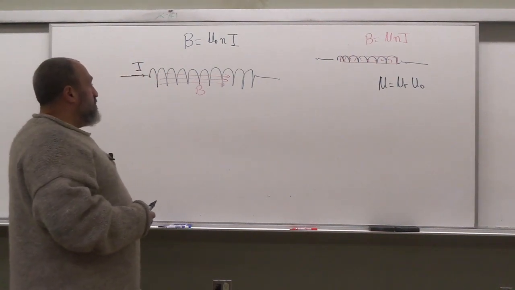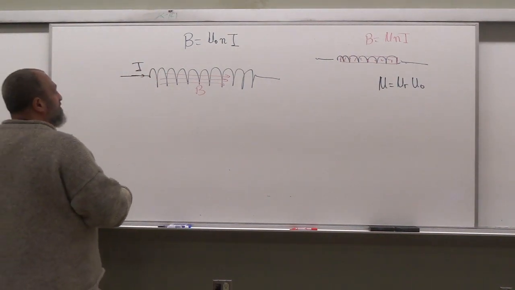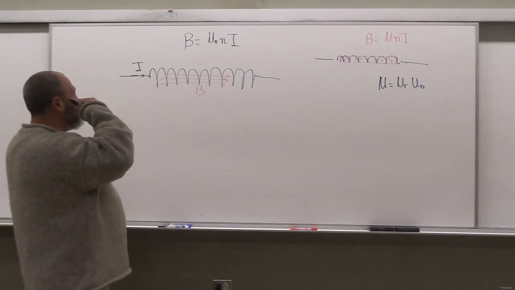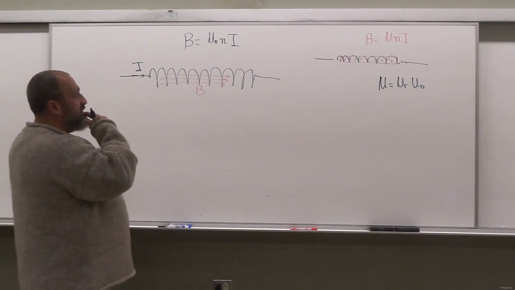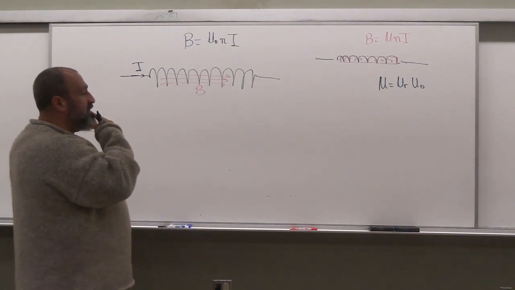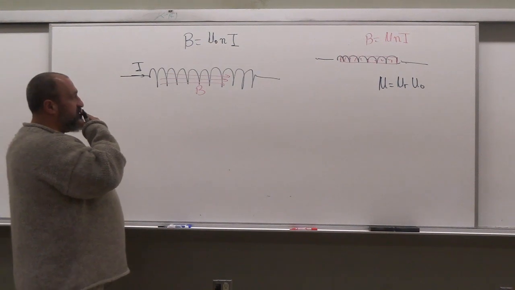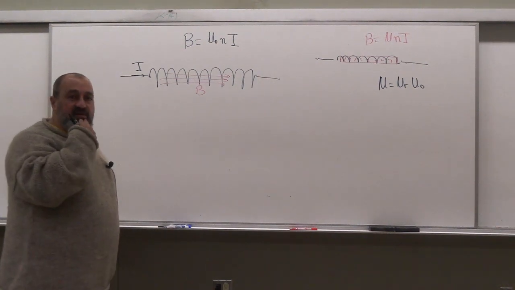Okay. So let's say now that the current going through here creates a magnetic field. And now if the current is a function of time, what is the self-inductance of this solenoid?